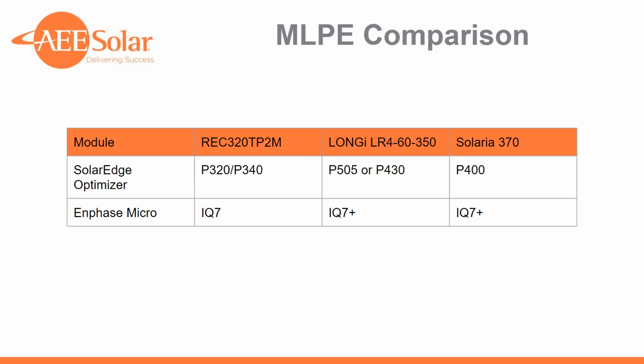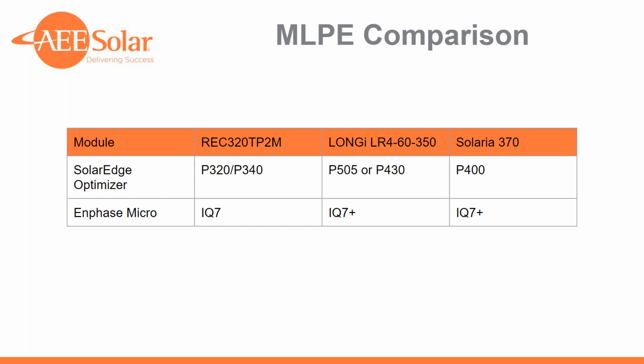And you would be able to use an IQ7 Plus, although you are getting to the upper limits of its watt class capability. Those have an AC output of 295 volt amps, 295 watts, let's call it.